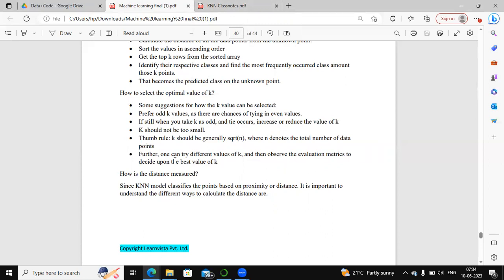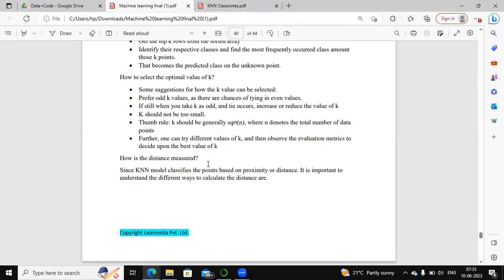You can look at the classification report and, based on the k value giving the highest precision, accuracy and recall, decide which k to go with. This is the trial and error method: observe the evaluation metrics and decide upon the best value of k.